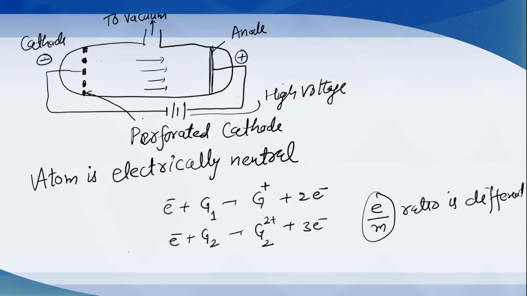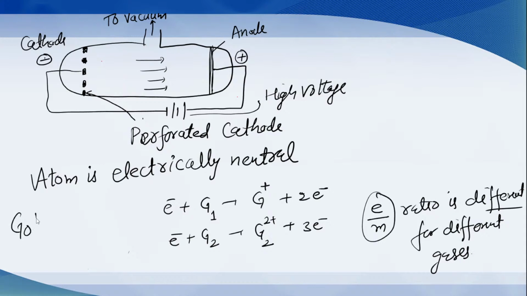That's why different gases give different particles of anode rays. That's why anode rays depend upon the nature of the gas. That was your question, right?